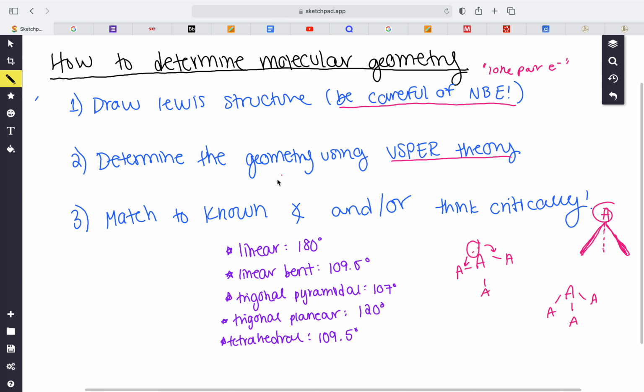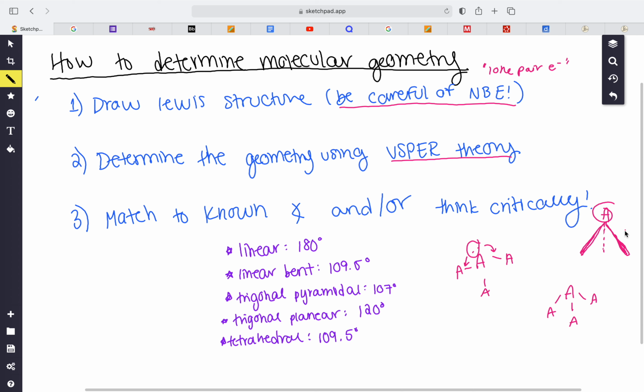Then you want to match the known bonding angles or think critically. So again, another thing where you can either choose to think critically or just write these down or just memorize them, whatever you want to do. For me, I kind of like to do both, so that's why I say and. So here I'm going to think, right?